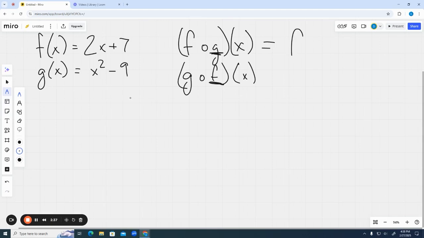So f of g of x is actually f of g of x, right? And g of f is g of f of x.